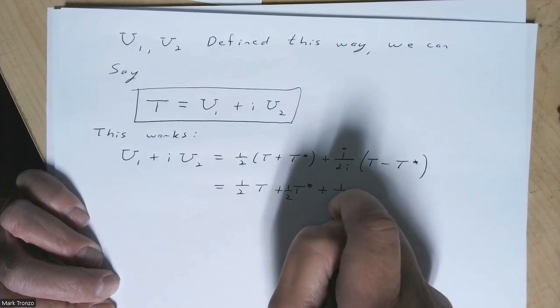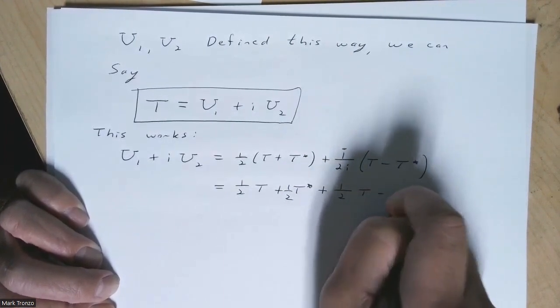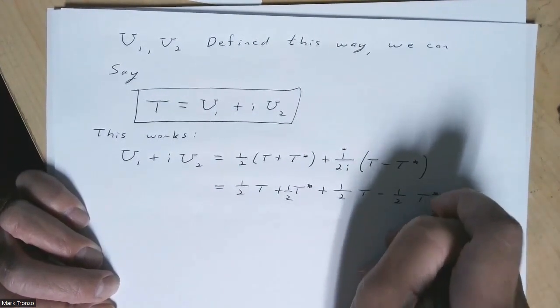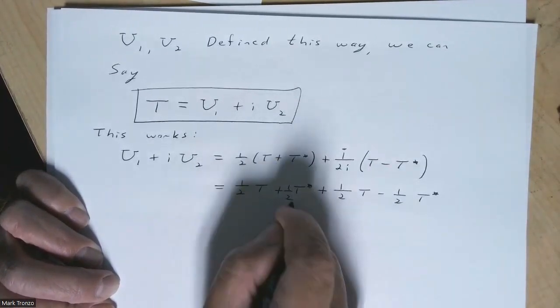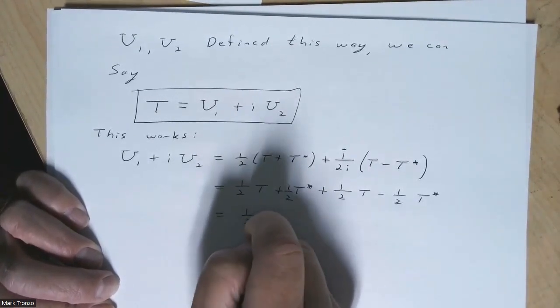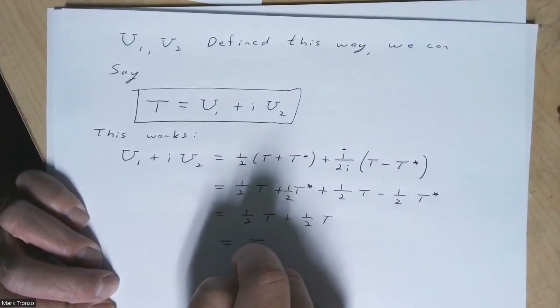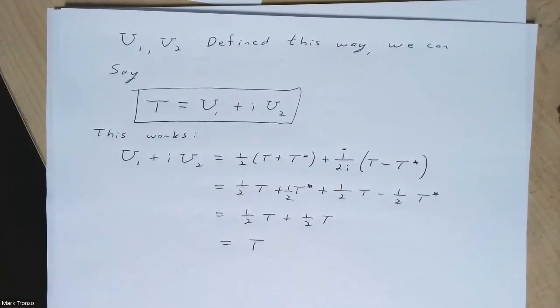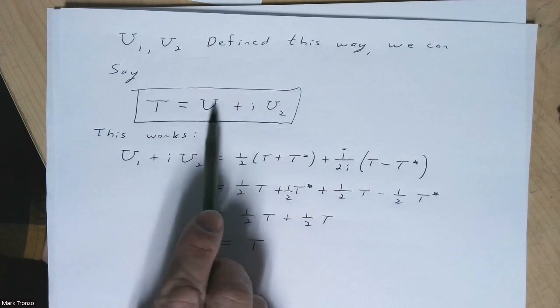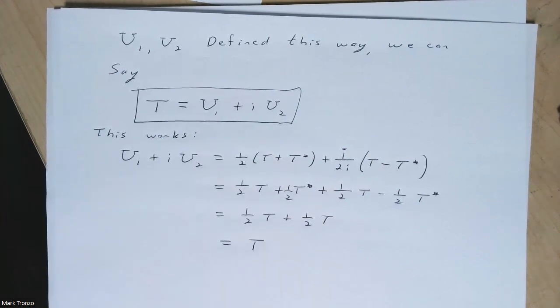Again, these are going to cancel. So we're going to have 1/2 T minus 1/2 T adjoint. Those two are going to cancel. Then we'll have 1/2 T, 1/2 T equals T. So T can be defined that way. If T is a matrix, this is called the Cartesian decomposition, when you can write T like this, where u1 and u2 are defined the way we defined them.